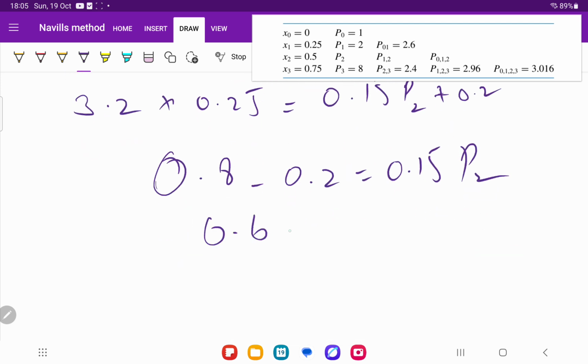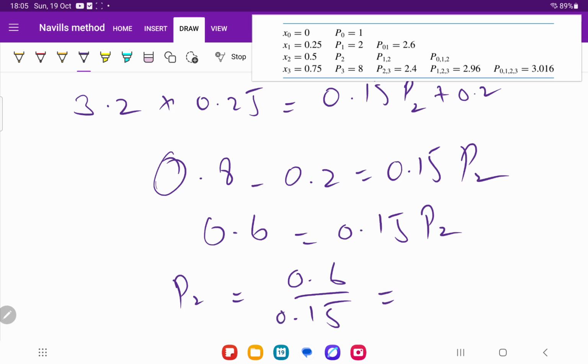So you have 0.6 equal to 0.15 P2. So P2 is equal to 0.6 divided by 0.15. Answer is 4. Okay, so that is P2. P2 is found, and that is obvious.